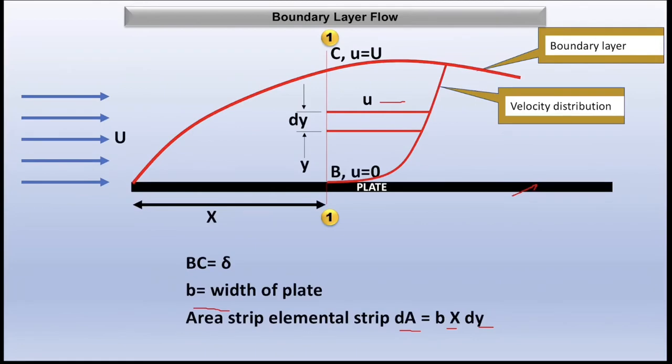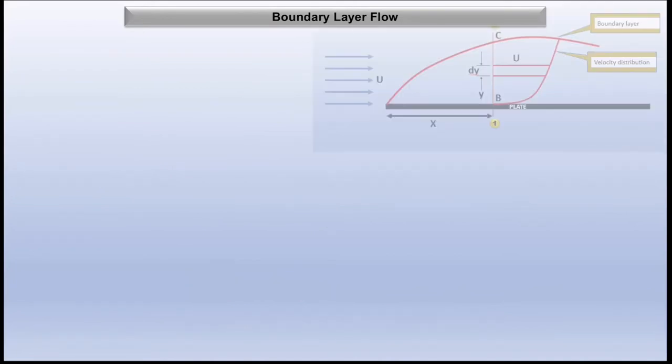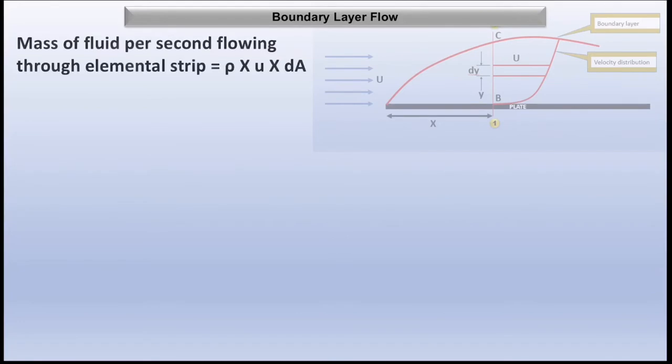So the area of the elemental strip is dA equal to b into dy. Now, in this diagram, the mass of fluid per second flowing through this elemental strip dy will be equal to density into u into dA.